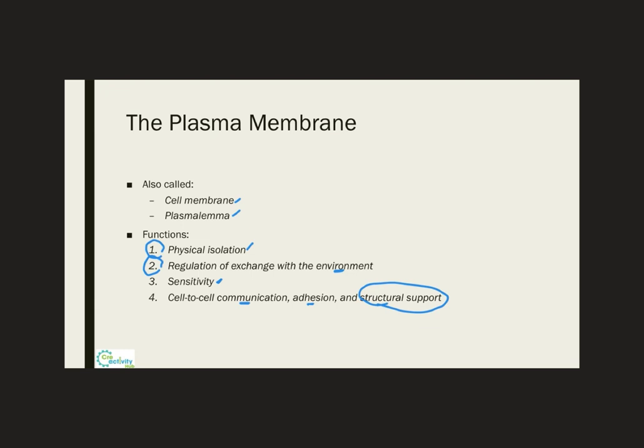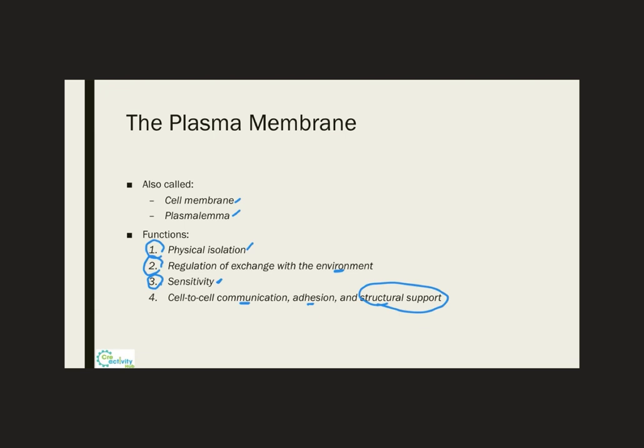With regards to sensitivity, since the plasma membrane is the most external part of the cell, it will be the first part that will be affected by any changes that might occur in the extracellular fluid or the extracellular environment, and it will also contain a variety of specialized neuronal structures known as receptors.